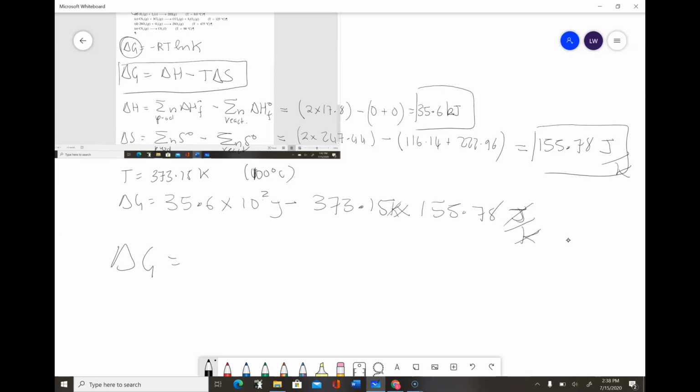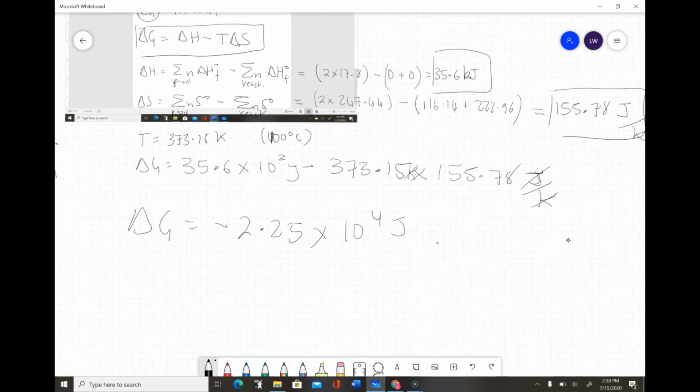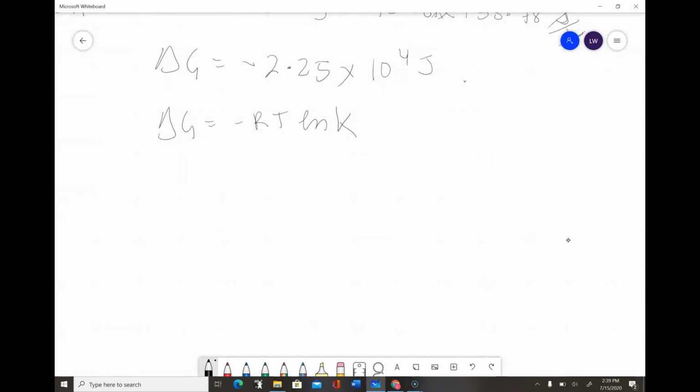So delta G ends up being, when I do this, negative 2.25 by 10 to the 4 joules. So now I just got to calculate my K. So what do we know? Delta G equals minus RT log K. So this means that K is going to be e to the negative delta G over RT.